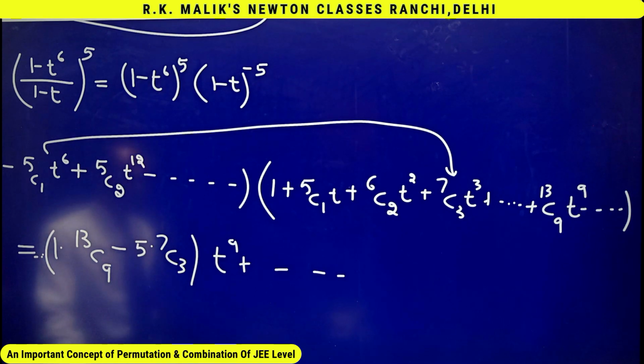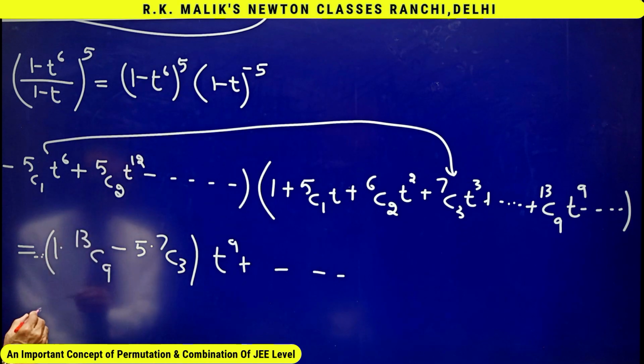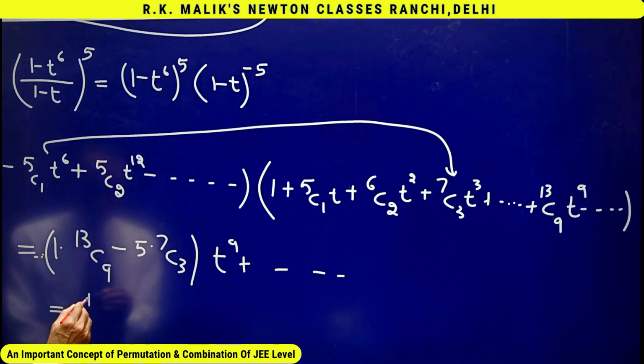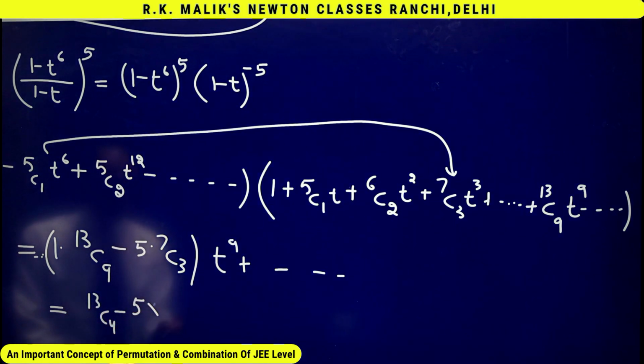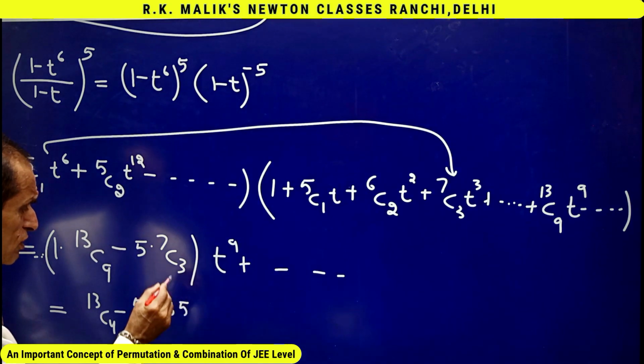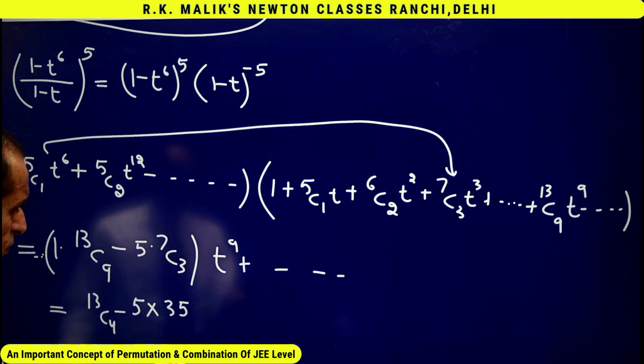I want to concentrate on the term of t to the power 9 only. That is, the coefficient of t to the power 9 is equal to 715 minus 5 into 35, because 7c3 is 35.